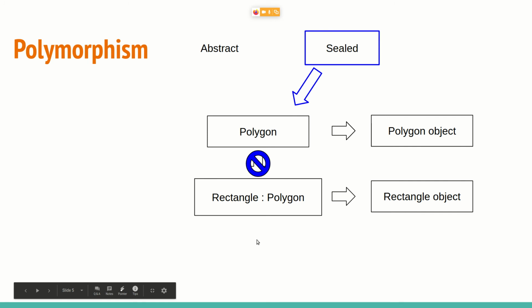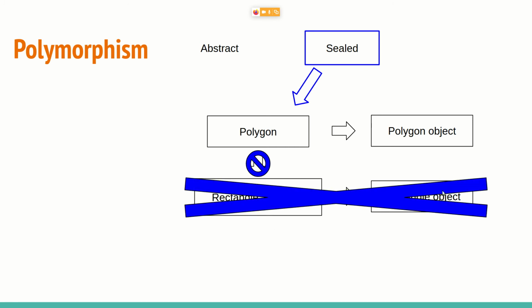So that's all sealed means. If I made polygon sealed, you wouldn't be allowed to inherit from rectangle, which would make this whole last bit here not possible. So sealed means you're not allowed to inherit from it.